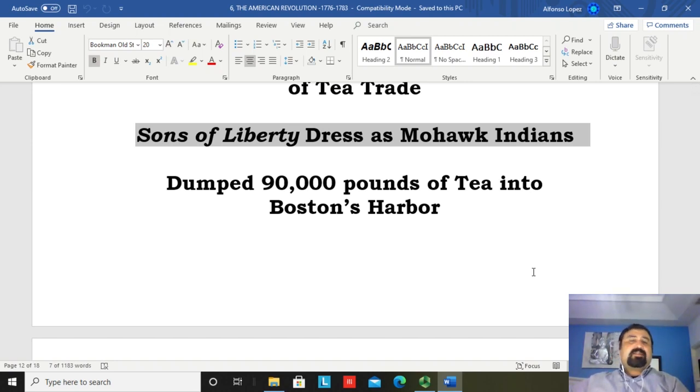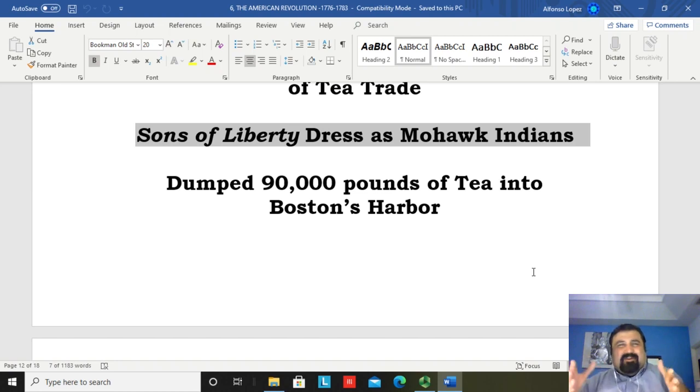Dressed as Mohawk Indians, they went into the ships in the middle of the night and dumped all of this tea into the ocean. 90,000 pounds of tea was completely wasted. The colonists were now affecting the largest British company, affecting their interests directly.